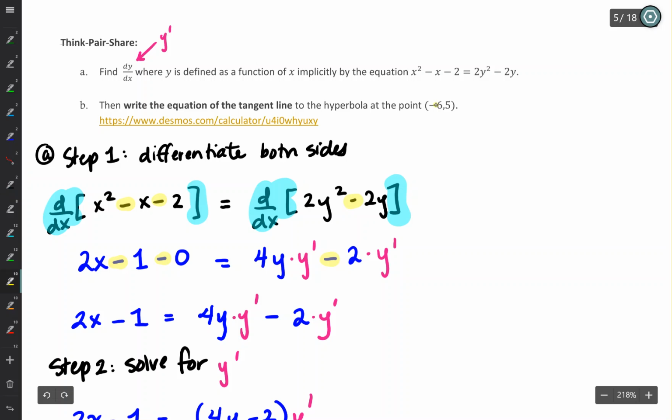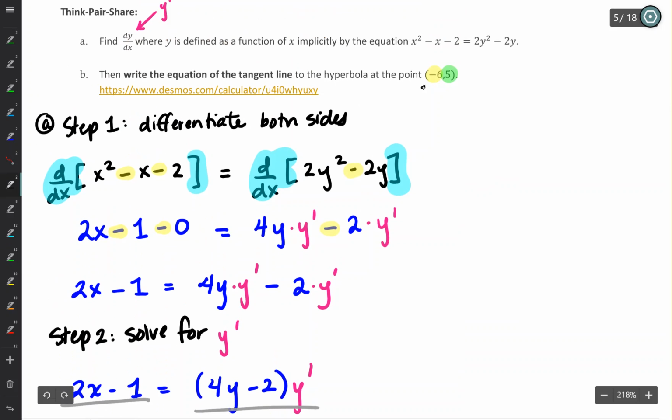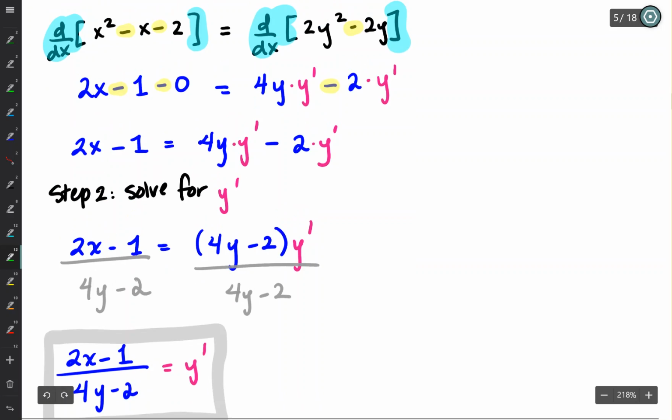When x is -6, if we plug in a -6 in here and solve for y, we find out that y is 5. So that's my x1 and my y1. x1 is -6, y1 is 5.